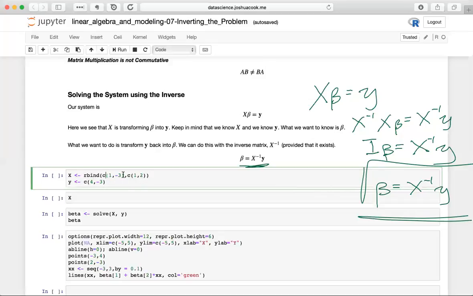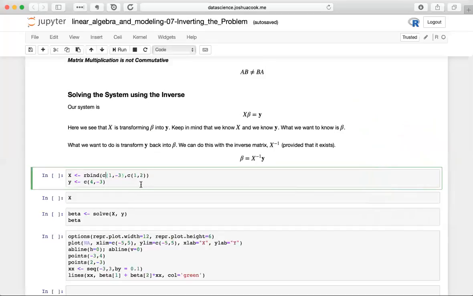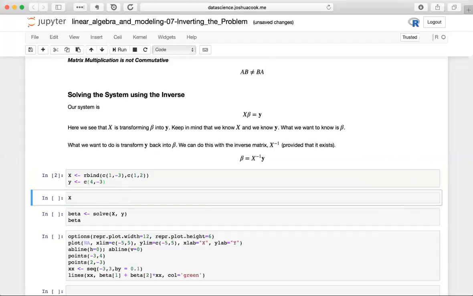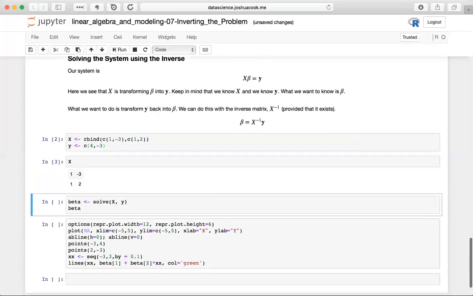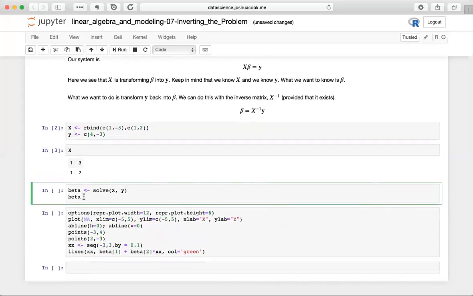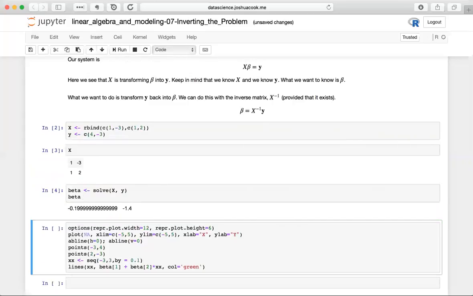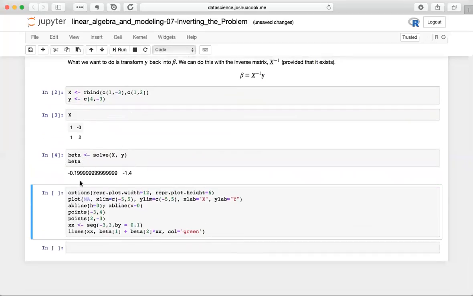It's going to turn that into an X matrix using rbind, and then Y is going to be the vector 4, -3. So we define X and Y. Here's X, and it's what we expect. Now we can find beta by just doing the solve. And there it is. These are the betas that are going to work for those two points.